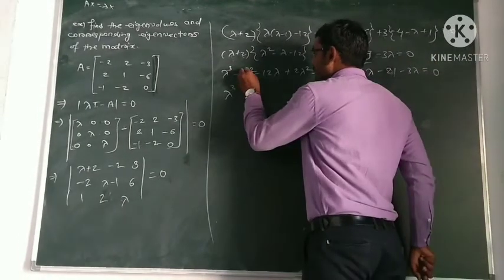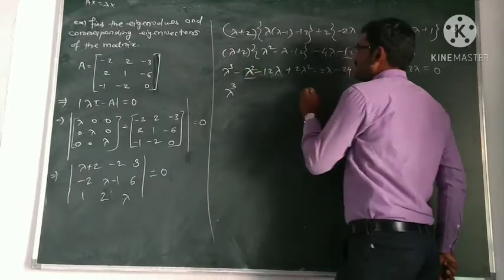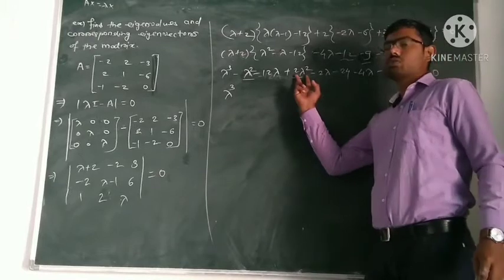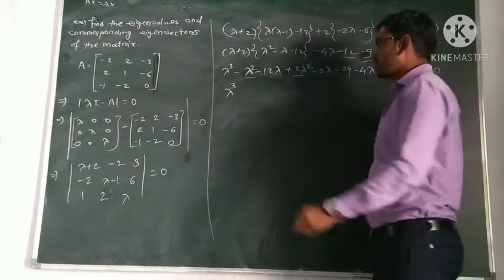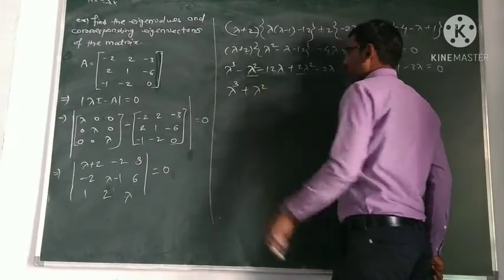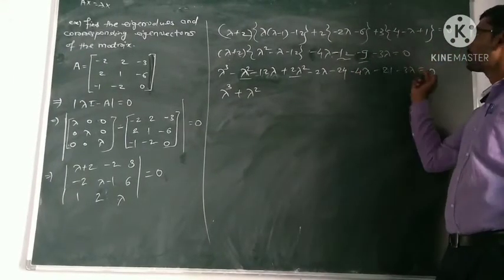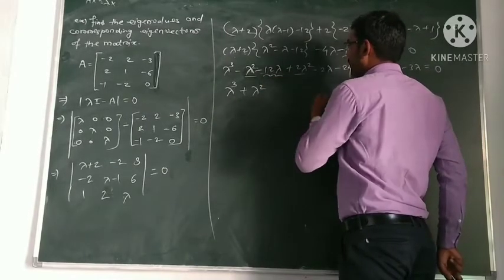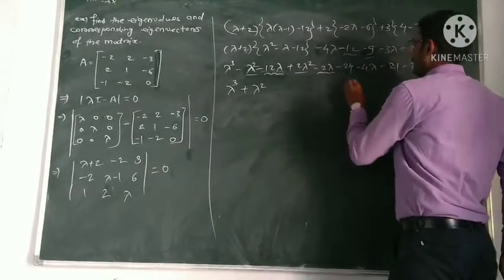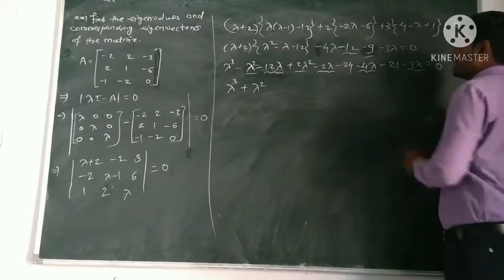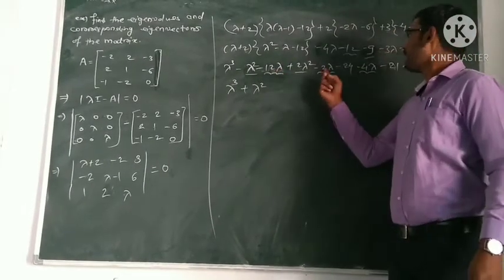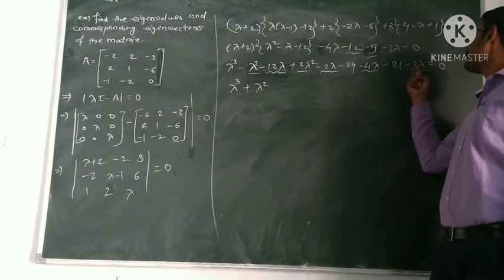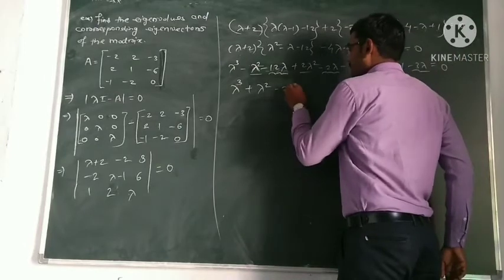So this is lambda cube. Now here is minus lambda square plus 2 lambda square. So there are two terms of lambda square. 2 lambda square minus lambda square is plus lambda square. There is no other term of lambda square. Then minus 12 lambda, minus 2 lambda, minus 4 lambda, and minus 3 lambda: minus 12, minus 14, minus 18, minus 21, so minus 21 lambda.